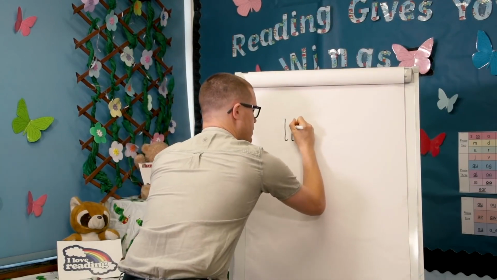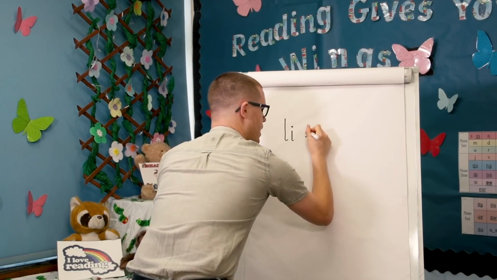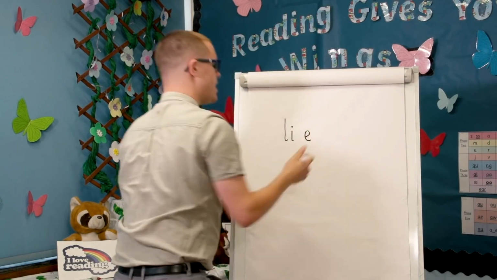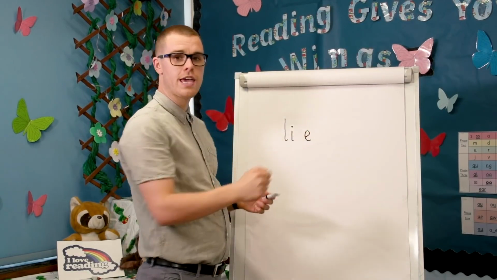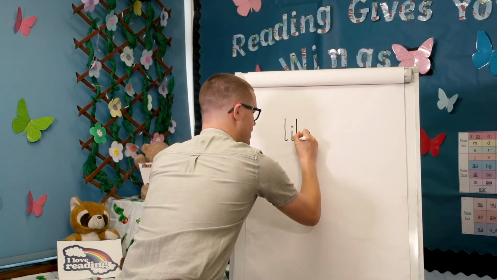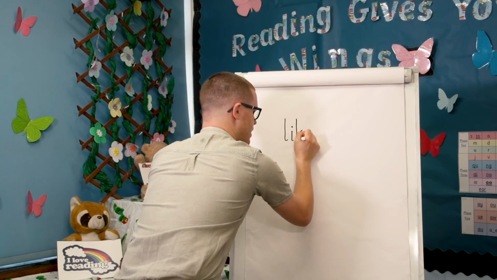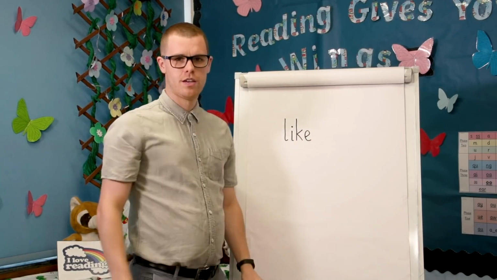The I sound is made with the letter I and the letter E at the end of the word. I. K. Like.